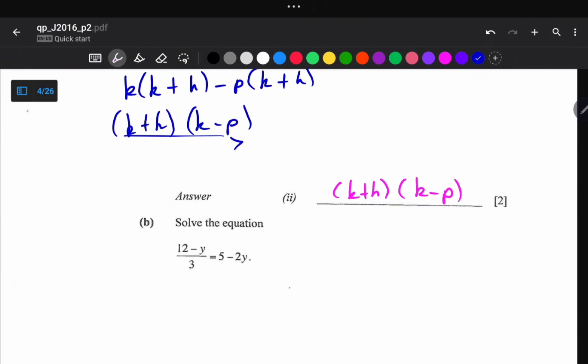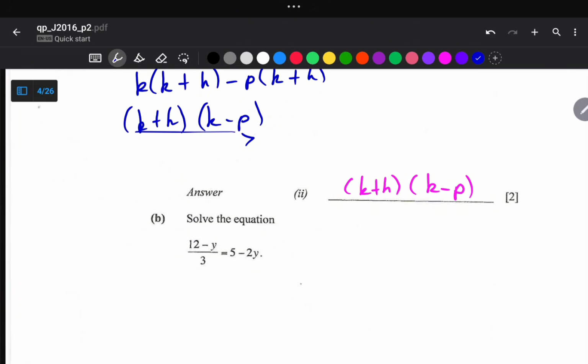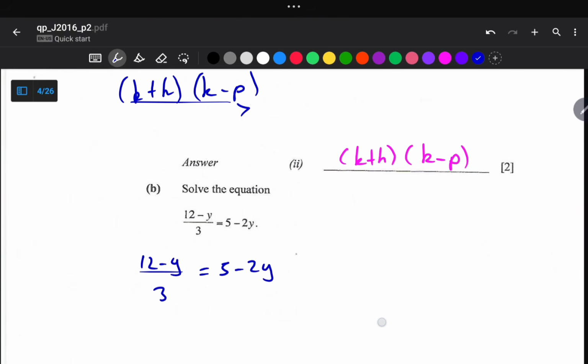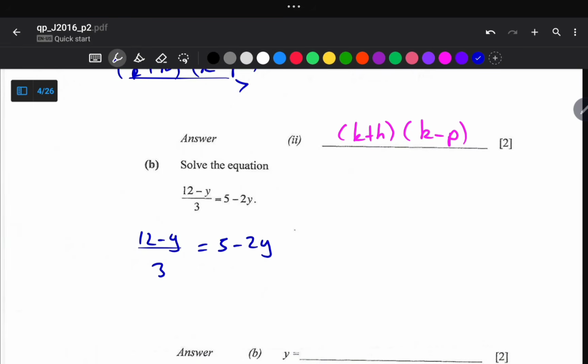And for the next part of the question, we are required to solve the equation (12 minus y) over 3 being equal to 5 minus 2y. So the first thing we need to do here is to multiply everything by 3. Given (12 minus y) over 3, multiplied by 3, this gives us 12 minus y.